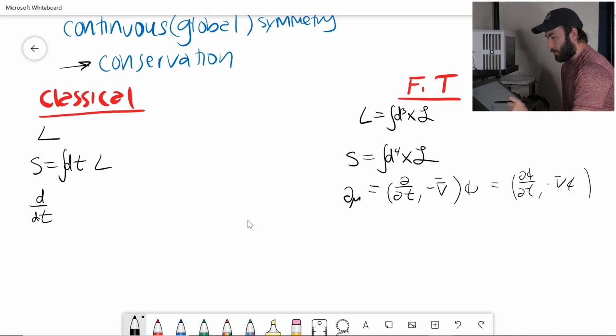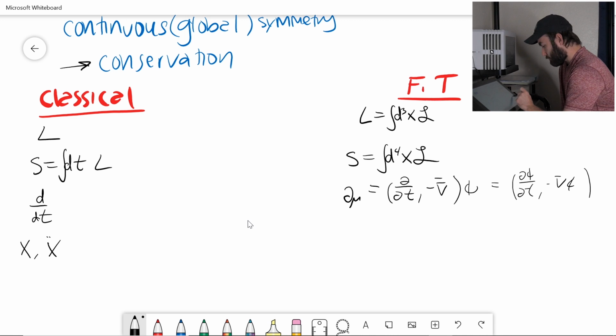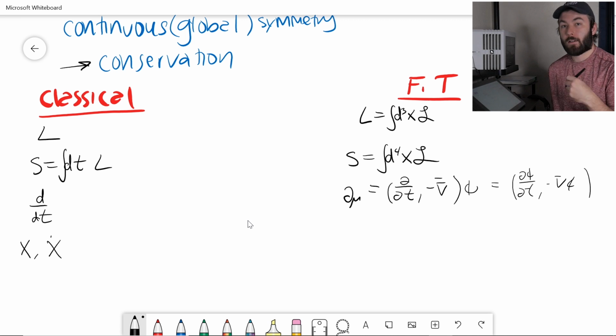Okay, I gave it away up here that in field theory you use fields, go figure. In classical mechanics you'll use generalized coordinates or their derivatives, their time derivatives to be specific. Oh, let me erase that. There we go. Okay, and so in field theory, instead of the generalized coordinates, you'll have fields which are functions of the coordinates.